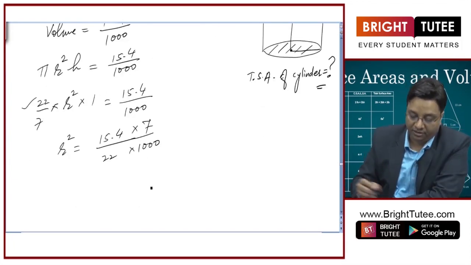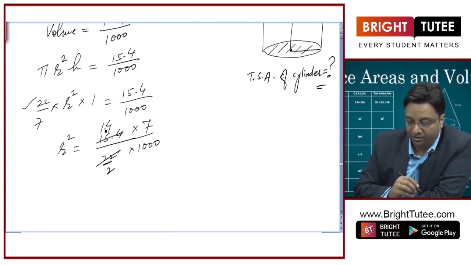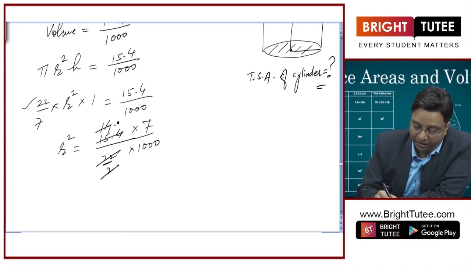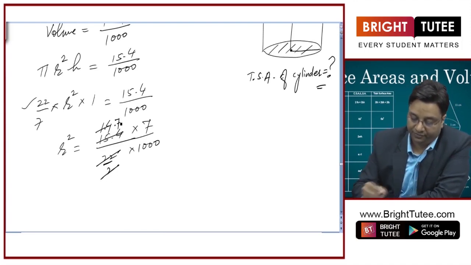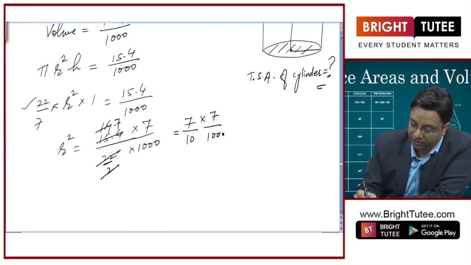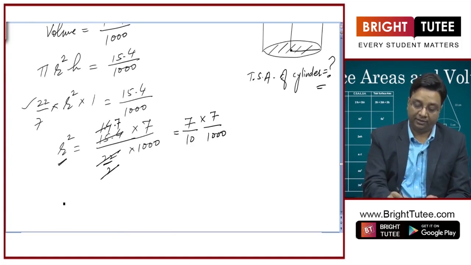Now let us see how we can simplify it further. 22, 11 into 2 is 22, 11 ones are 11, 11 fours are 44. So this is 1.4, right, and this will be 0.7, right. Now this 0.7 can be written as 7 by 10. So 7 by 10 into 7 by 1000. Why I am writing it like this? Because I need to take a square root to obtain r.